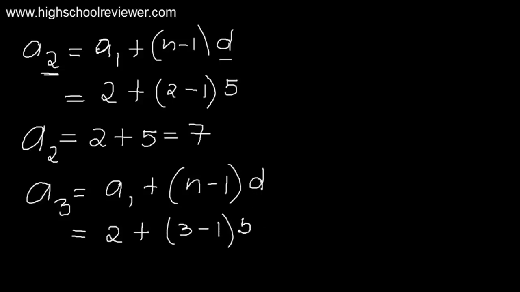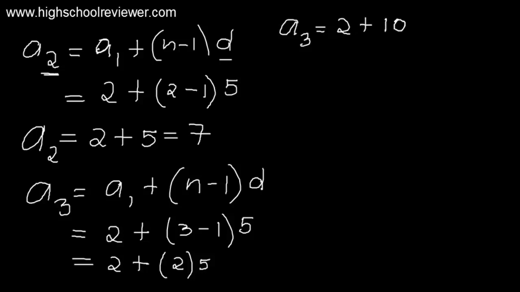Again, our d is positive 5. So this will be equal to 2 plus 3 minus 1, that is 2, multiplied by 5. So our a sub 3 here will be equal to 2 plus 2 times 5 is positive 10. So our a sub 3 now will be equal to positive 12.